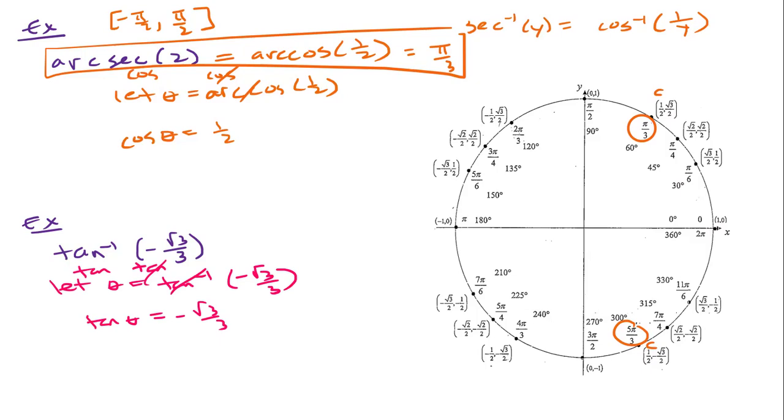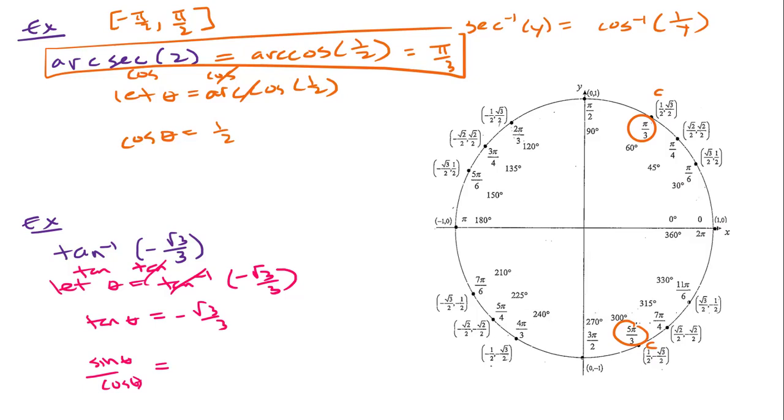Okay. So where are these points located in the unit circle? Well, before we try to find out where that is, let's go ahead and rewrite what tangent theta is. So it's tangent theta, we can write that as sine theta over cosine theta. Okay.